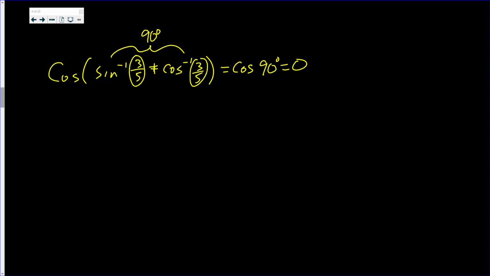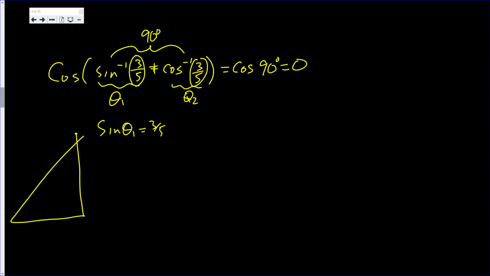Now, you will not be able to do this separately. You can't say, well, I'm going to call this theta 1, I'm going to call this theta 2, and because 3/5 is positive, I'm in quadrant 1. So I know that the sine of theta 1 is 3/5. So here's theta 1.